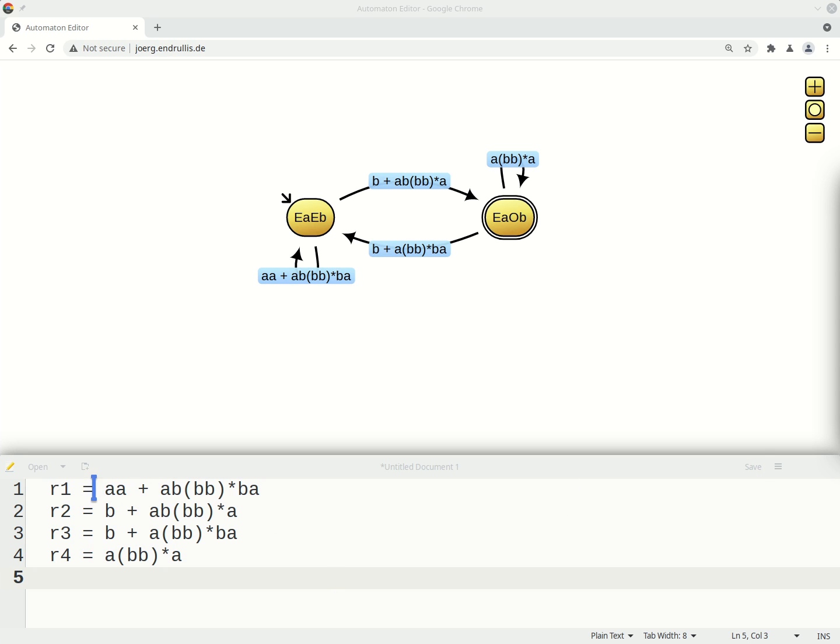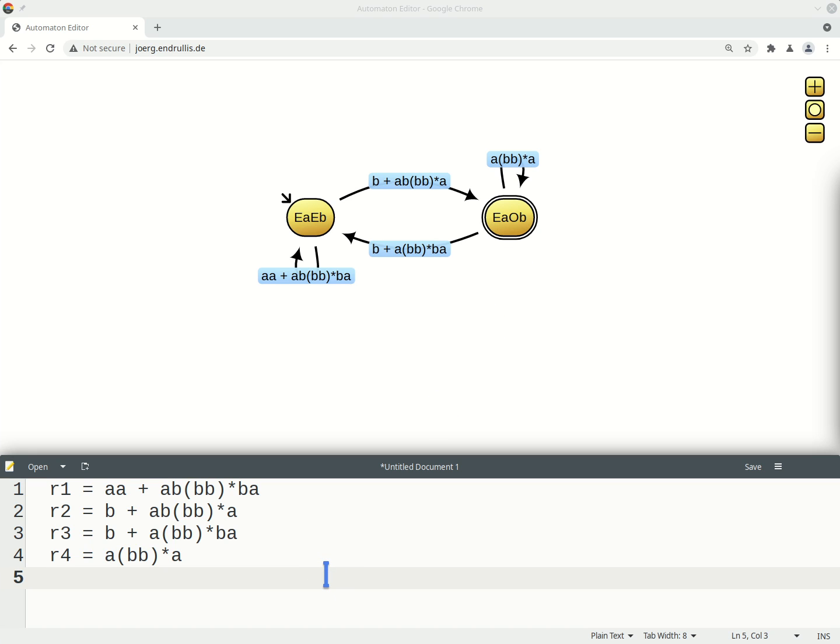I've already written down here the regular expressions that we have along these transitions. So R1 is the expression on this loop, R2 is the regular expression on the transition from the starting to the final state, R3 is the regular expression from the final to the starting state, and R4 is the loop on the final state.